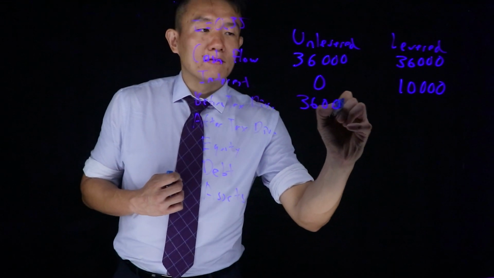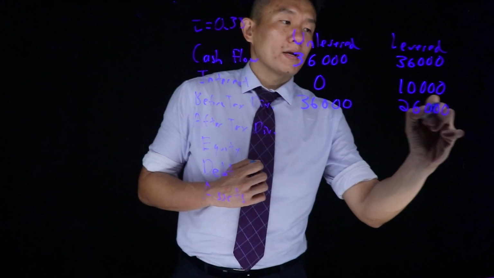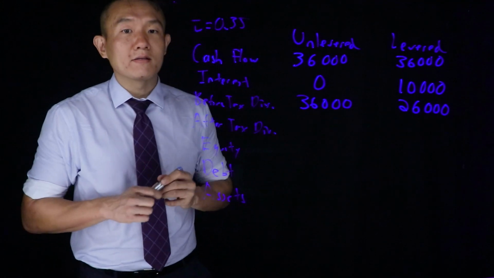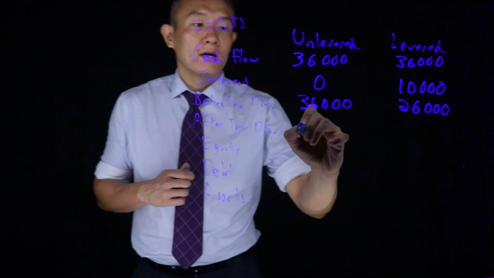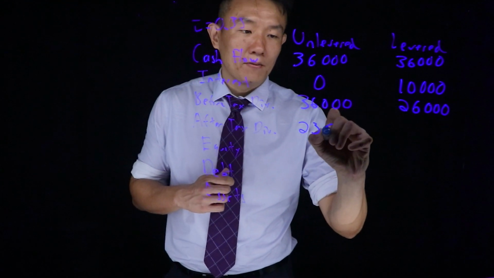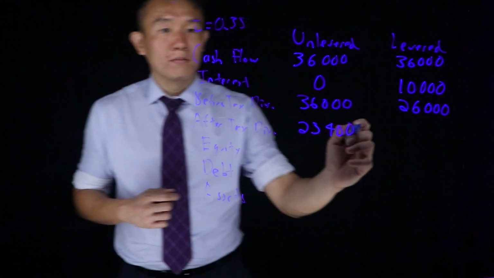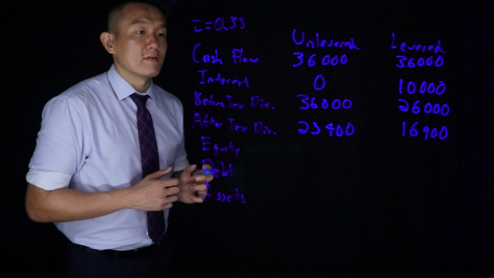So the pre-tax dividend is $36,000 for the unlevered firm, $26,000 for the levered firm. Now, the dividends are not tax exempt, so they'll be taxed at 35%. So the after-tax dividend is going to be 23.4 for the unlevered firm and 16.9 for the levered firm.